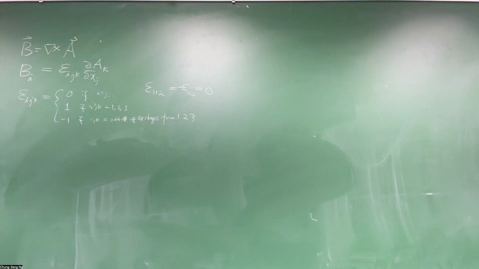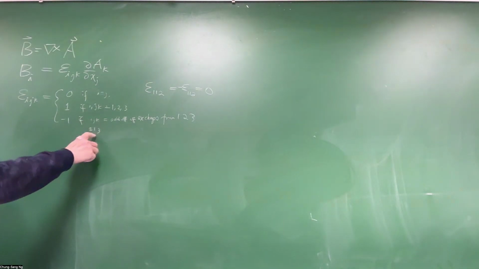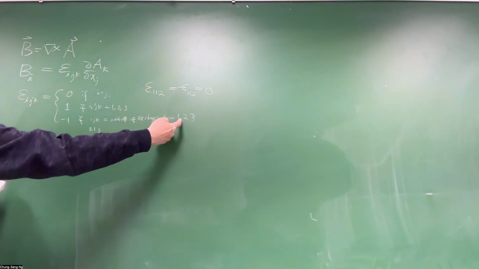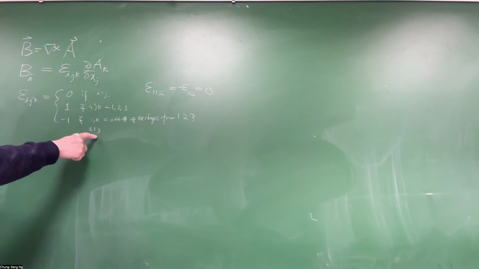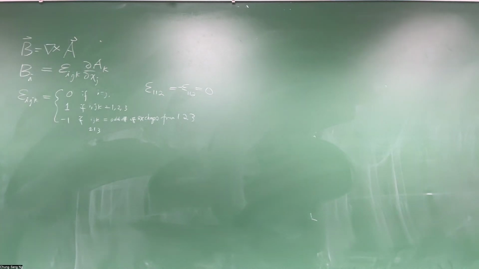Say if you have 2, 1, 3, you obtain 2, 1, 3 from 1, 2, 3 by one exchange. You exchange 1 and 2, you get 2, 1, 3. Then that component is minus 1. What follows next does not affect the sign.